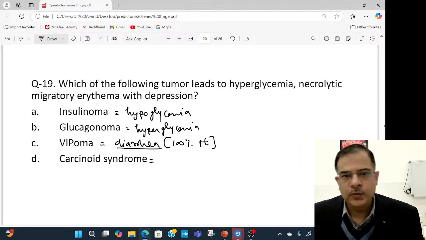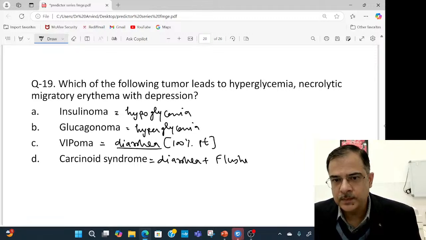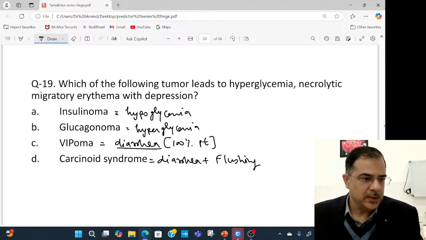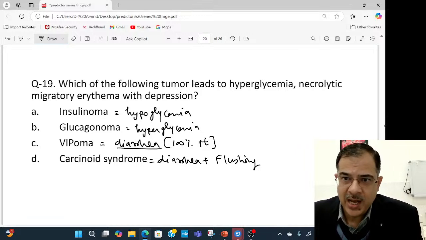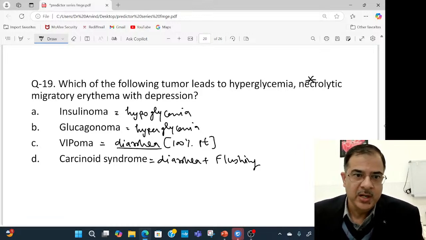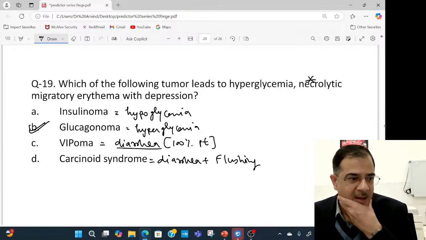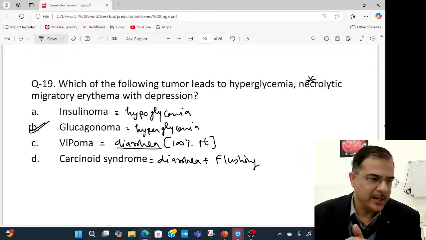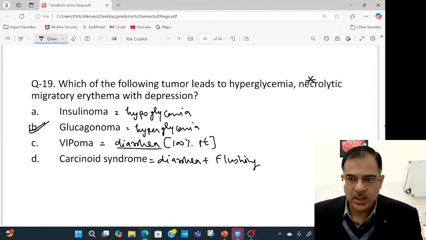While carcinoid syndrome presents with not only diarrhea but also flushing episodes. So the answer here will be necrolytic migratory erythema. This is a highly characteristic feature with depression of glucagonoma. Yes, the answer is glucagonoma. VIPoma is pancreatic cholera. Yes, correct. Pancreatic cholera. Now, coming to the next question.